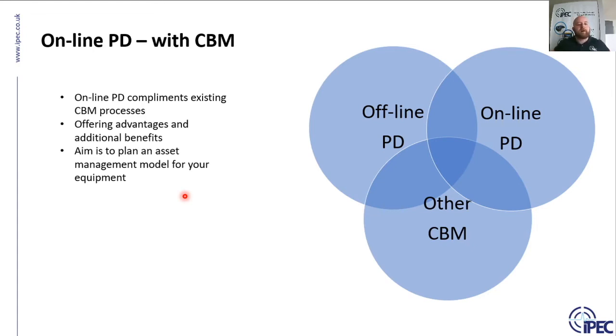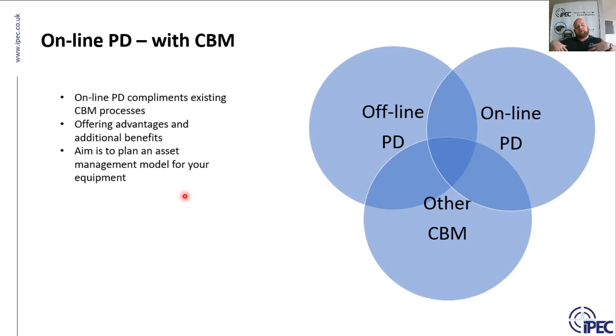There are very defined standards for offline PD, and for other CBM, such as DGA, gas analysis, tan delta, and lots of other methods of measuring condition, like temperature monitoring of cable circuits. Online PD doesn't have a standard, but it is very useful to combine within your CBM.